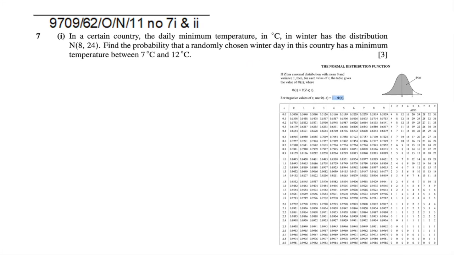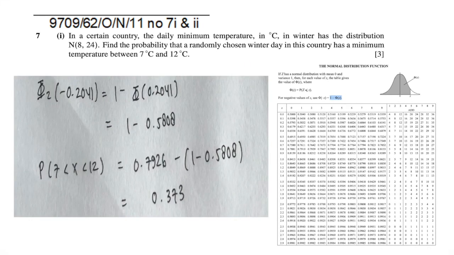Let's move to the next step. Just like before, we need to find the probability for the z value of the temperature less than 7 degrees Celsius, and we get from the graph that the value is 1 minus 0.5808.